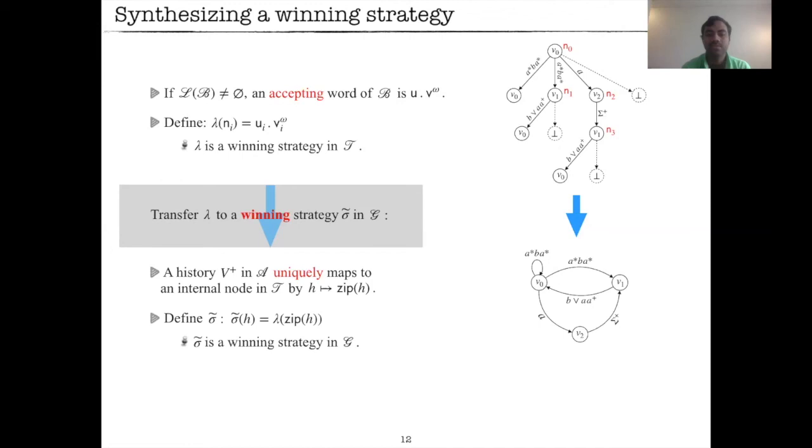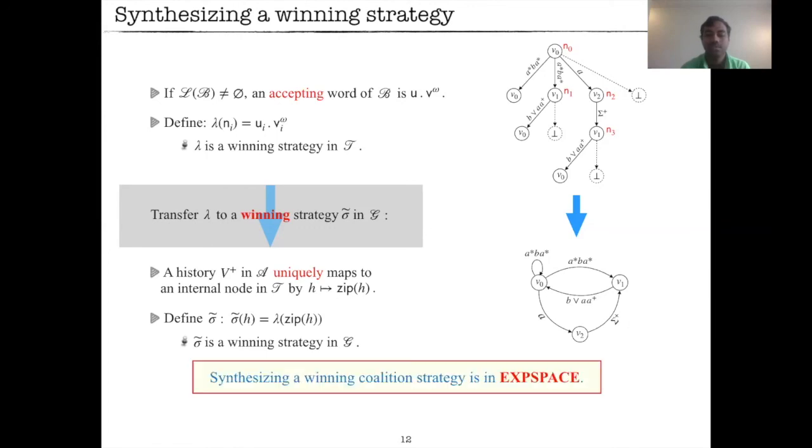Then define the strategy in the arena as follows: sigma tilde of h is defined as lambda of zip of h. So given a history h, zip of h maps the history to the corresponding internal node, and then sigma tilde assigns the lambda of that corresponding node. Then one can show that this sigma tilde is actually a winning strategy in the game G.